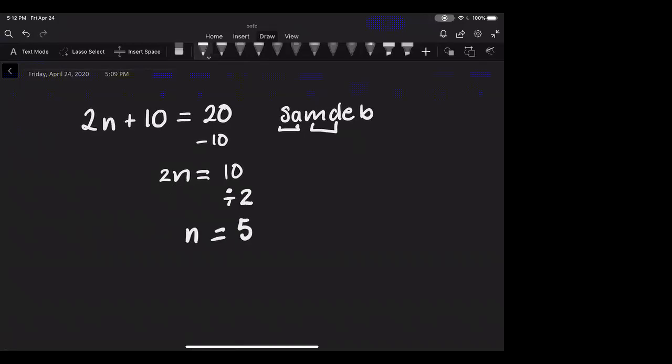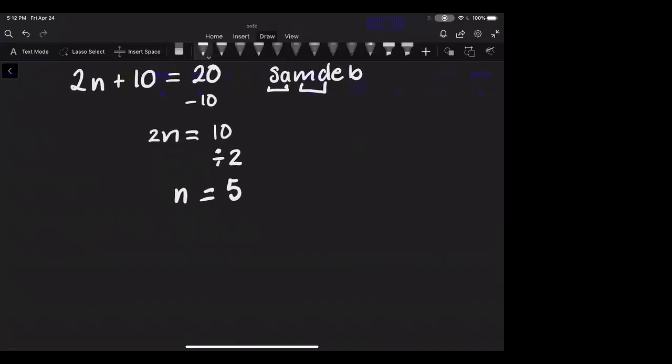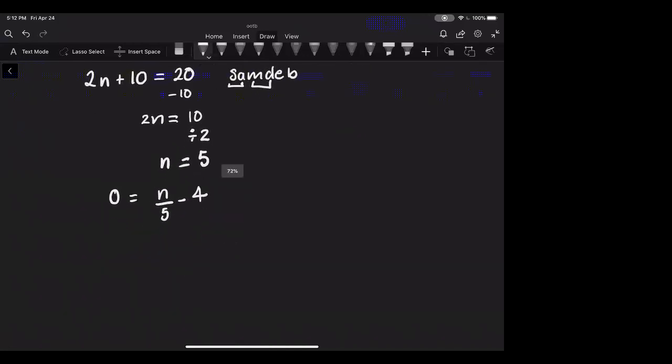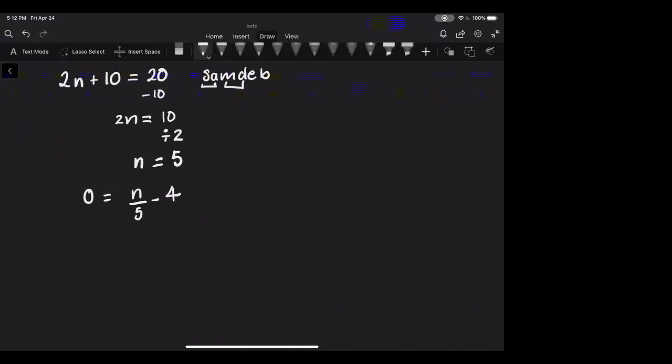Okay? Let's say if I gave you another one, how would you do this question? So this is division and subtraction. Do we do the division part first or the subtraction part first?